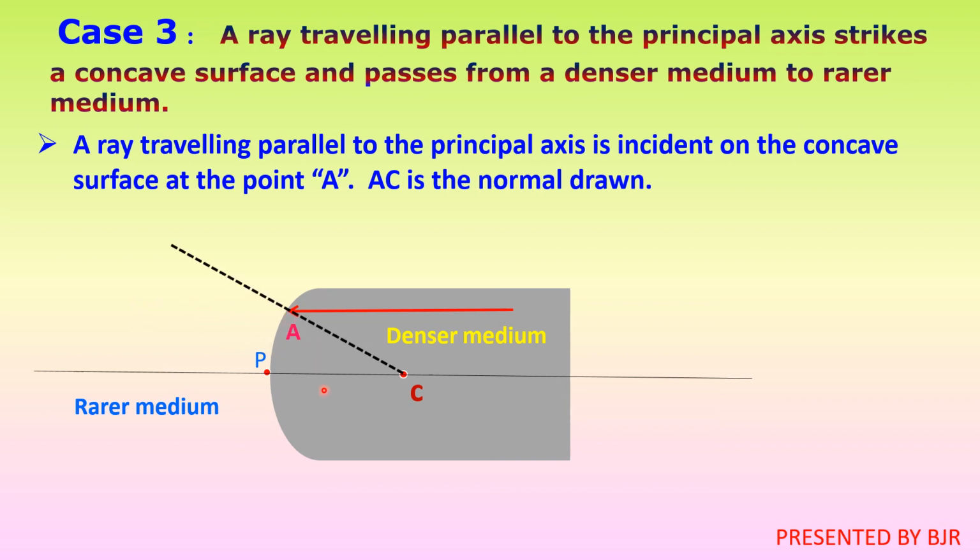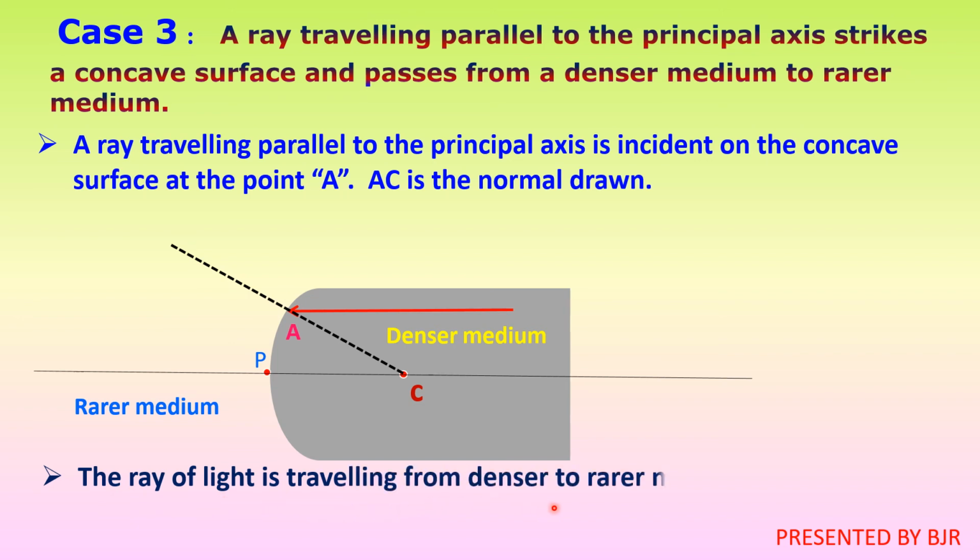Now we can easily tell that this ray is traveling from denser medium into rarer medium. So does it bend towards the normal or away from the normal? According to Snell's law, it bends away from the normal. Okay, the ray of light is traveling from denser to rarer medium.